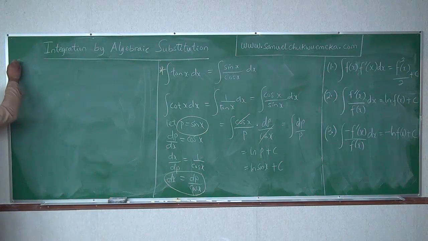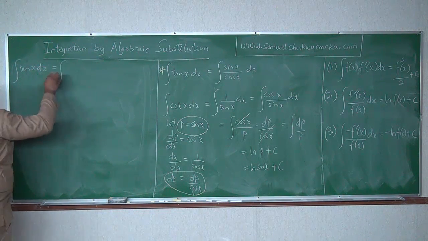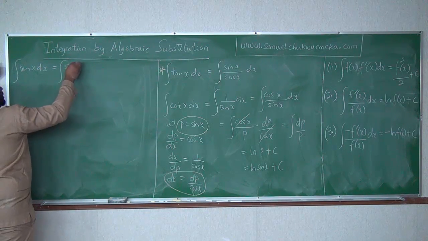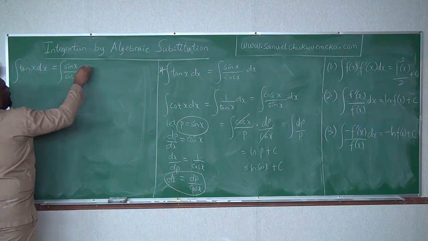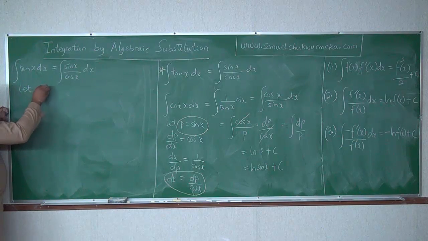So we have tan x dx, and that is sine x over cos x dx. We now say let p be cos x.